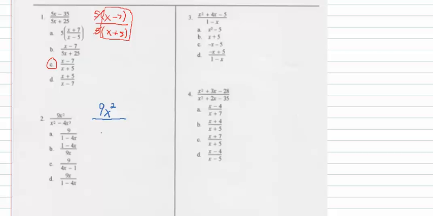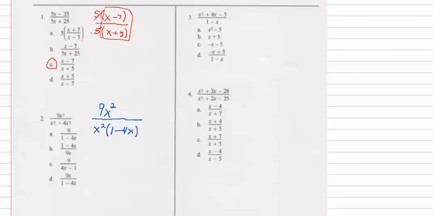Well, I see that they both have an x squared, because one has x squared, one has x cubed. So I'm taking x squared out, because that's what they both have. X squared times what is going to give me an x squared? It's going to be a 1. X squared times what is going to give me a negative 4x to the third? It's going to be a negative 4x. Okay, that's what I have at the bottom.